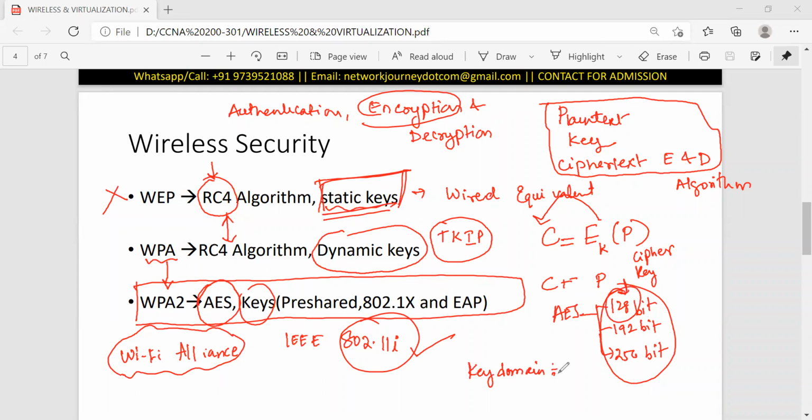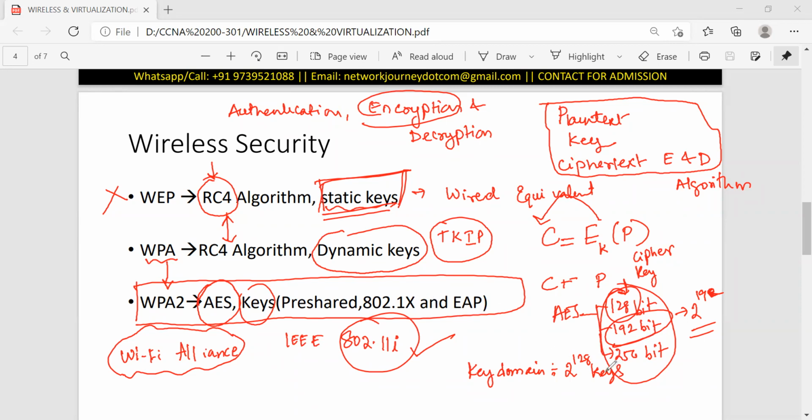So when I talk about 128, it means the key domain size is 2 raised to 128 keys. When we talk about 192, we have a key domain of 2 raised to 192. When anybody has to do a brute force attack, guys, they have to create a file with all possible combinations, making a list so that they can try one after another and see whether it is possible to get into the system.